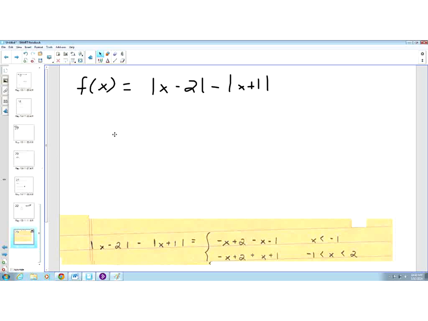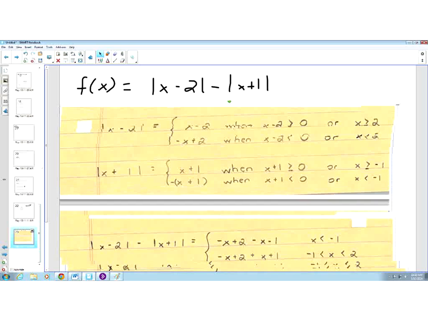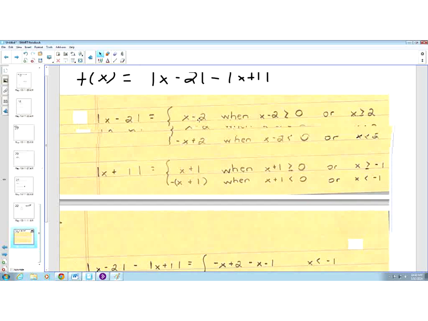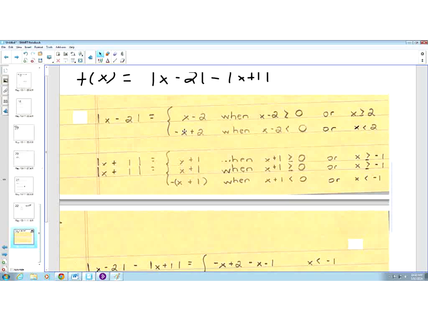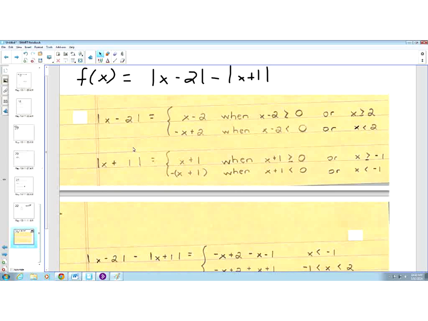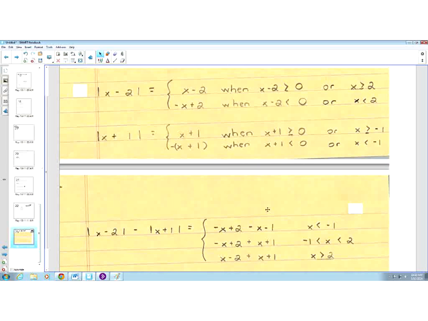All right, so what we would do is use the definition of absolute value, and replace x minus 2 with its expression not involving absolute value, as well as x plus 1, and then do the subtraction. So for x less than -1, the absolute value of x minus 2 is equal to this, if x is less than -1.